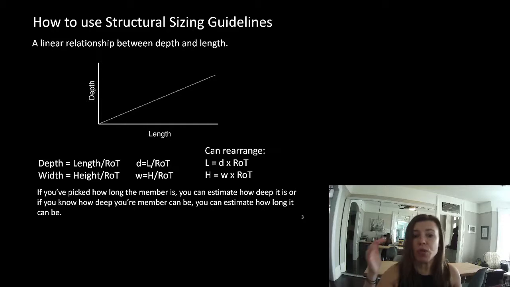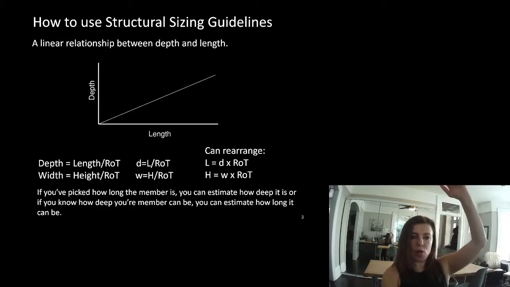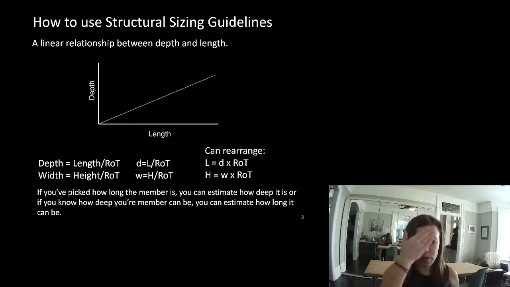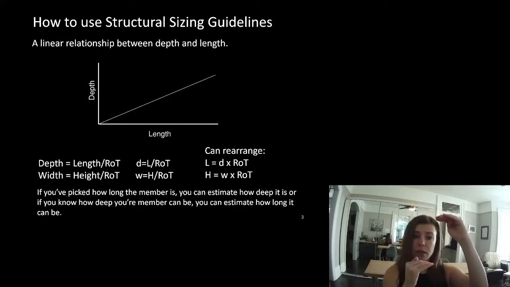Or maybe you just have an upper limit on a one-story building, and you've drawn it this deep, and it turns out it needs to be that deep. Well, everyone's going to go around bonking their heads on things. So knowing roughly how deep your members are is very important. Now, what if you're working on a project and you know you have a hard and fast rule that your member can't be deeper than this?